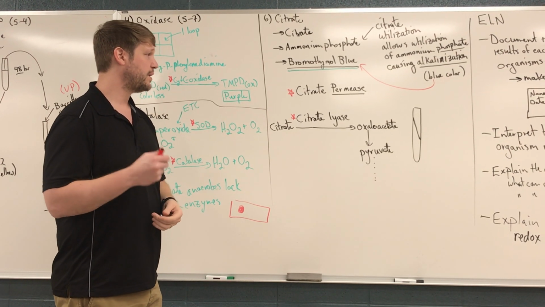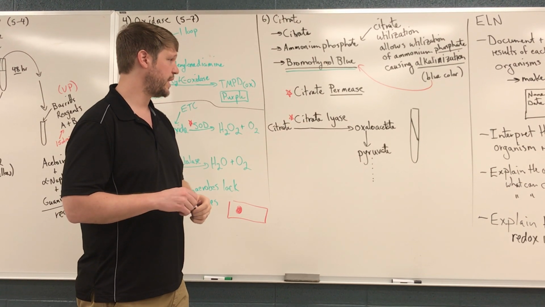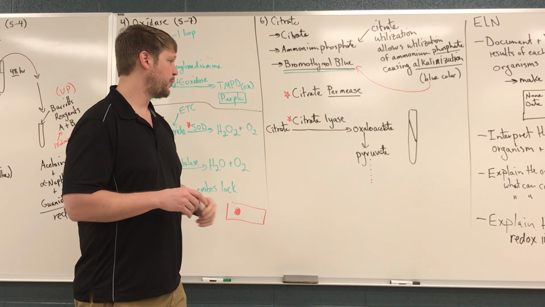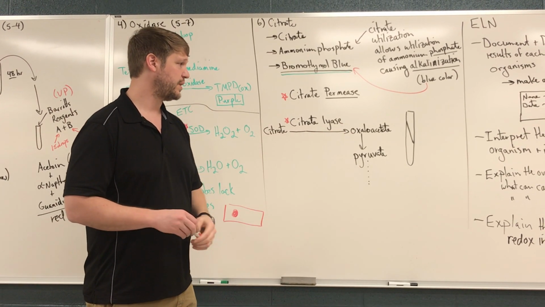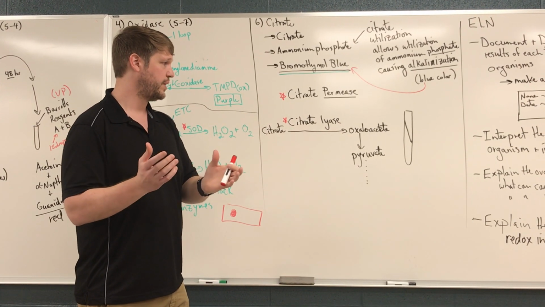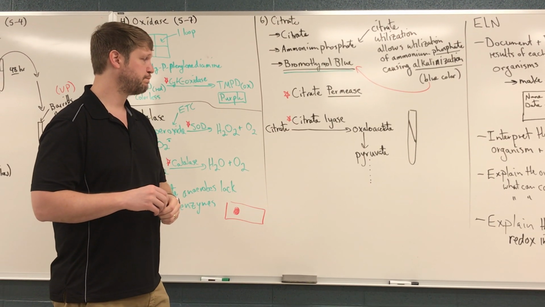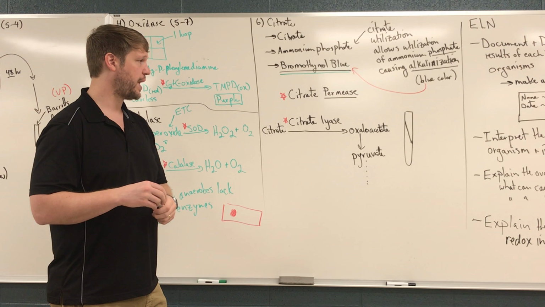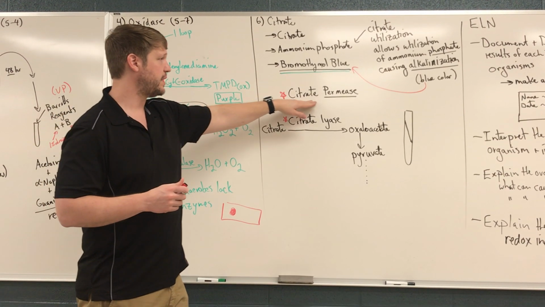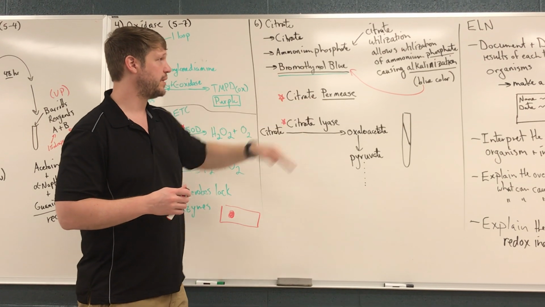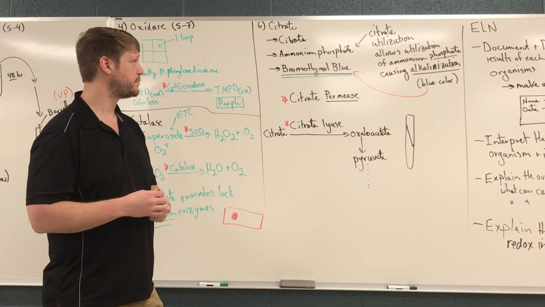To some degree, we're also dependent on the presence of a second enzyme called citrate lyase, which can convert citrate to oxaloacetate, which can be converted to pyruvate as part of the normal central metabolic pathways of the microbe. But the main idea that we're really getting at is whether or not the organism can take up citrate.